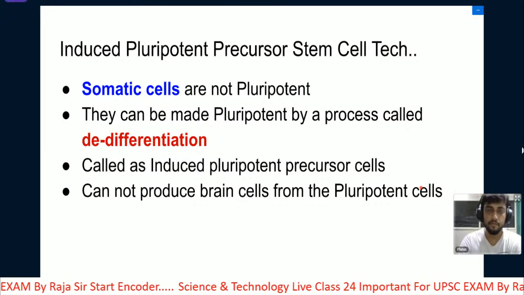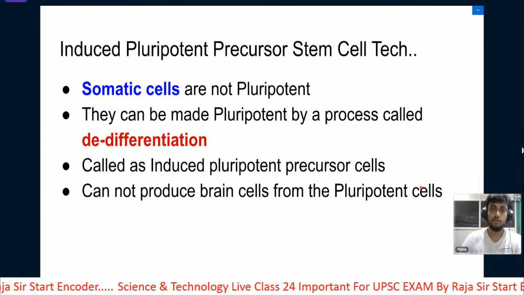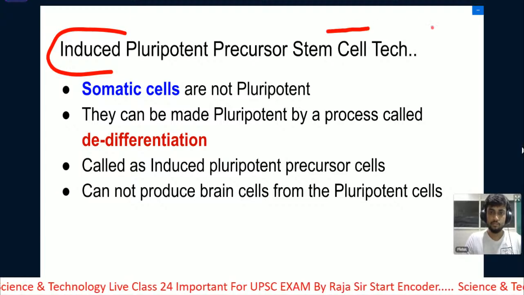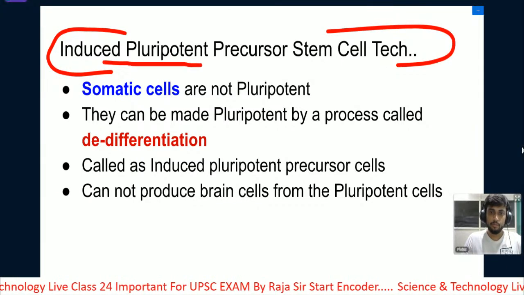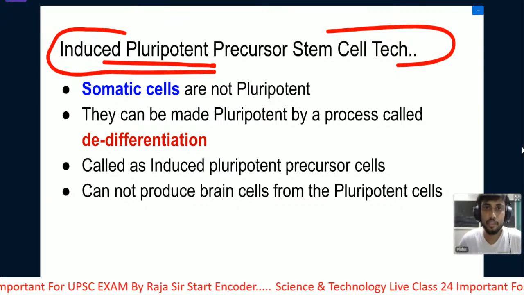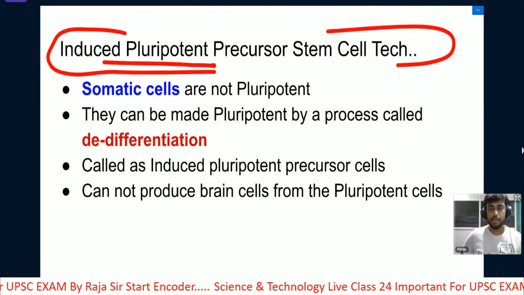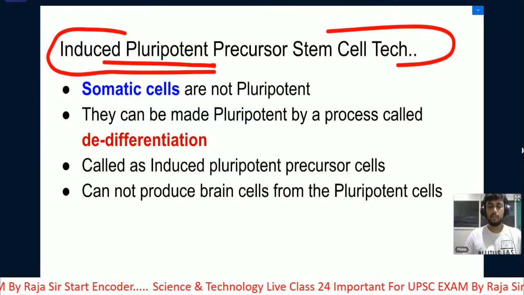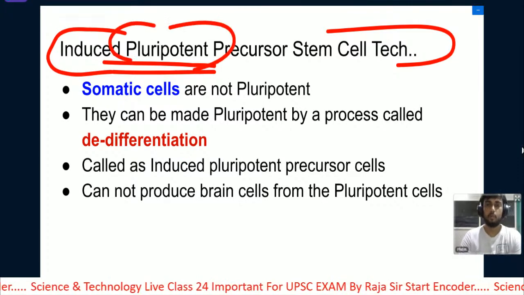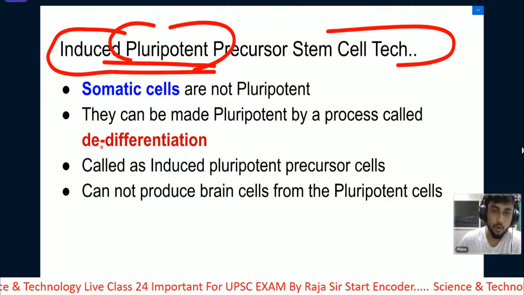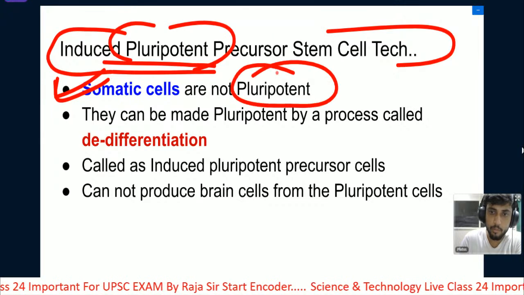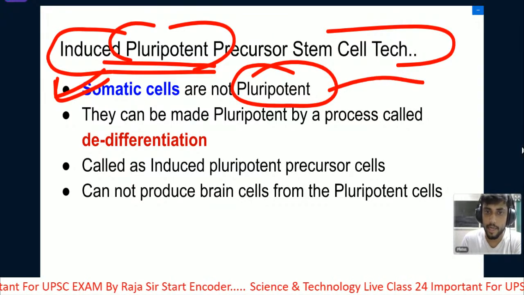Now there is something known as induced pluripotent precursor stem cells. Induced pluripotency, as the name suggests, means that if by some mechanism we can induce the pluripotency property in any kind of cells, then... We all know that somatic cells, the normal body cells, are not pluripotent, which means able to convert into all the cell types.